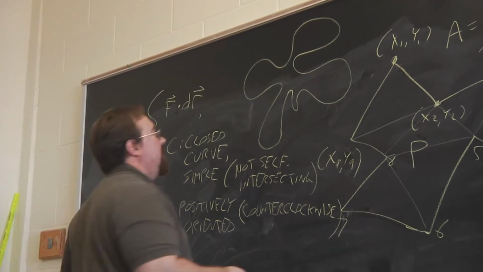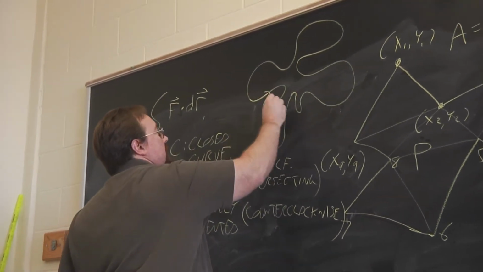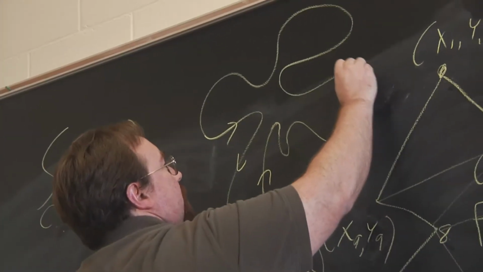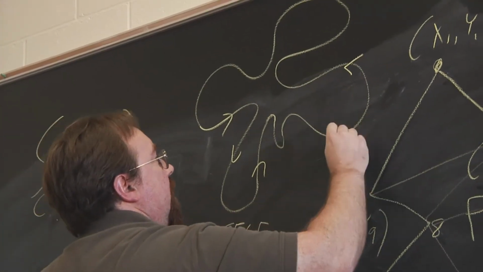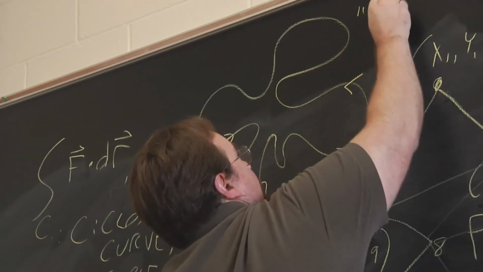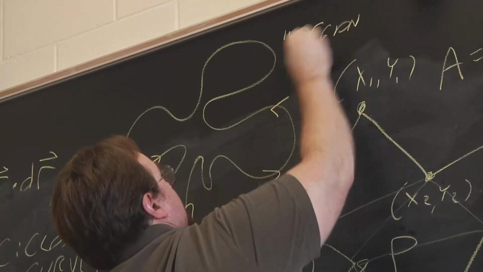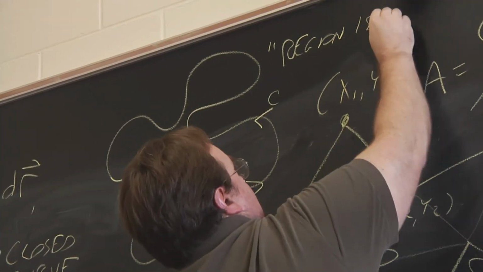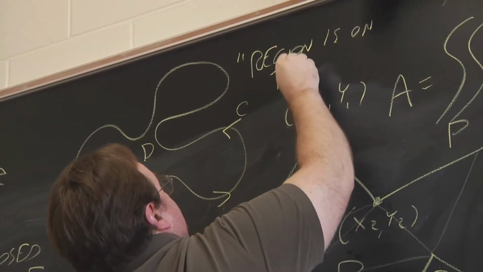But the idea is, as you traverse the curve, one thing that you might notice is the interior of the region D that's contained within the curve C is on the left.